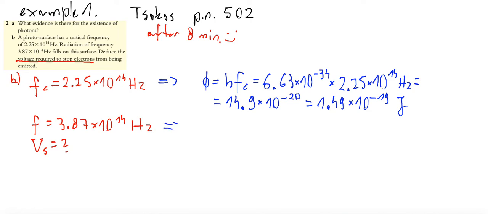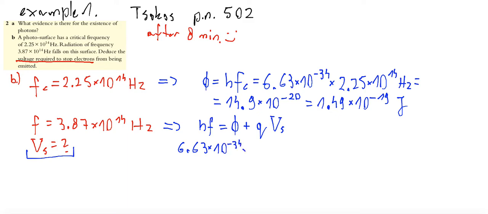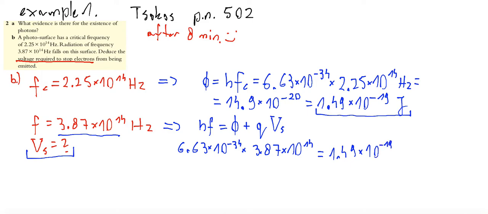Okay, and now we can use the equation hf equals the work function plus, since we are looking for the stopping voltage, you can write this in the form q times Vs. On the left-hand side, 6.63 times 10 to the power of minus 34 times the frequency of light, which is given here, 3.87 times 10 to the power of 14 Hertz, is equal to the work function we calculated, 1.49 times 10 to the power of minus 19, plus the charge of the electron, 1.6 times 10 to the power of minus 19, times the stopping voltage.